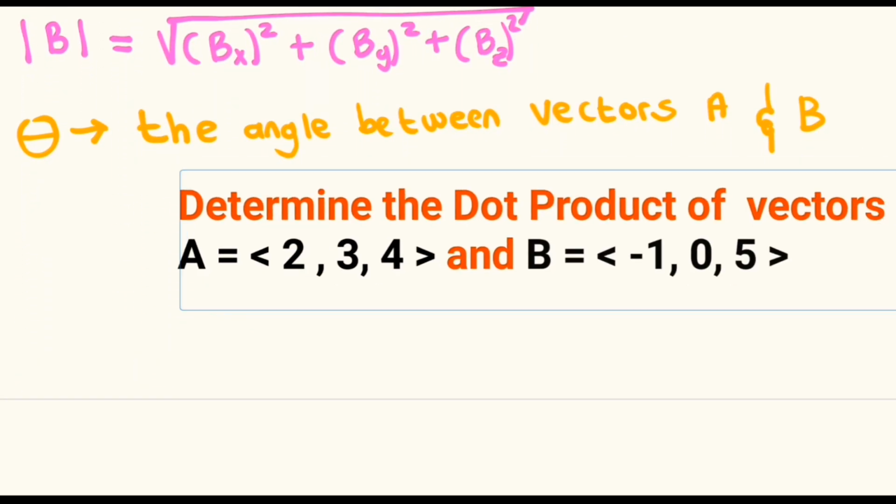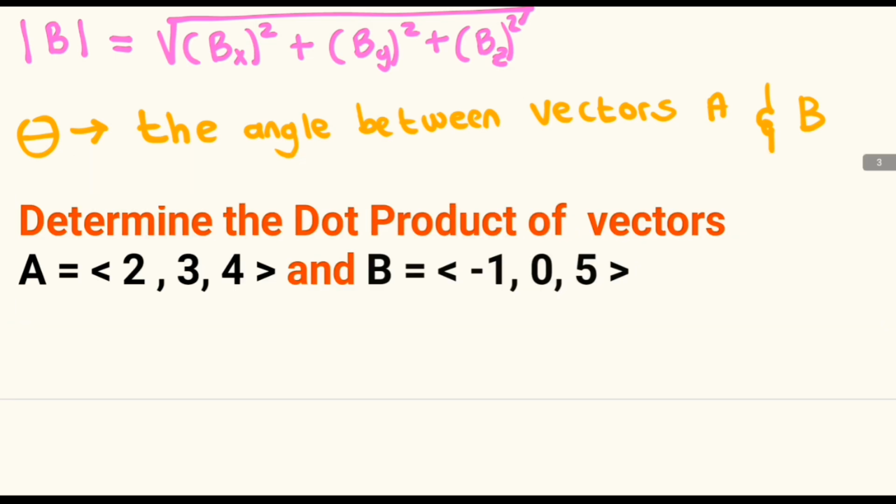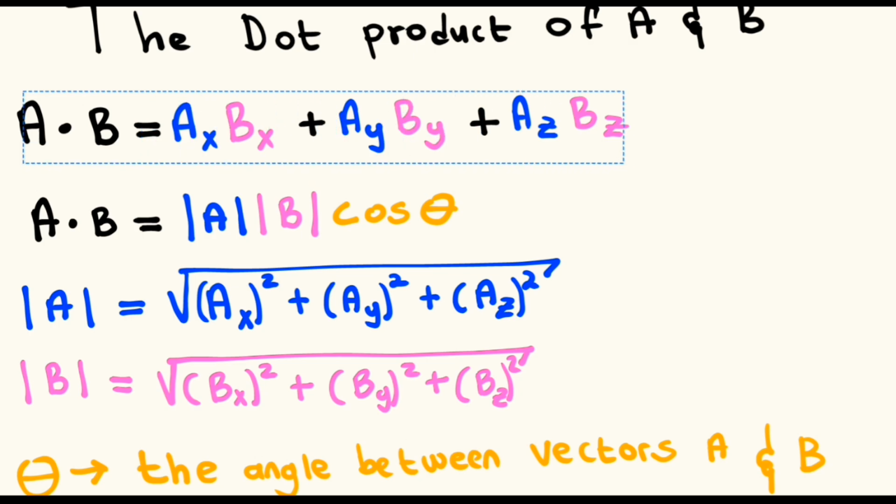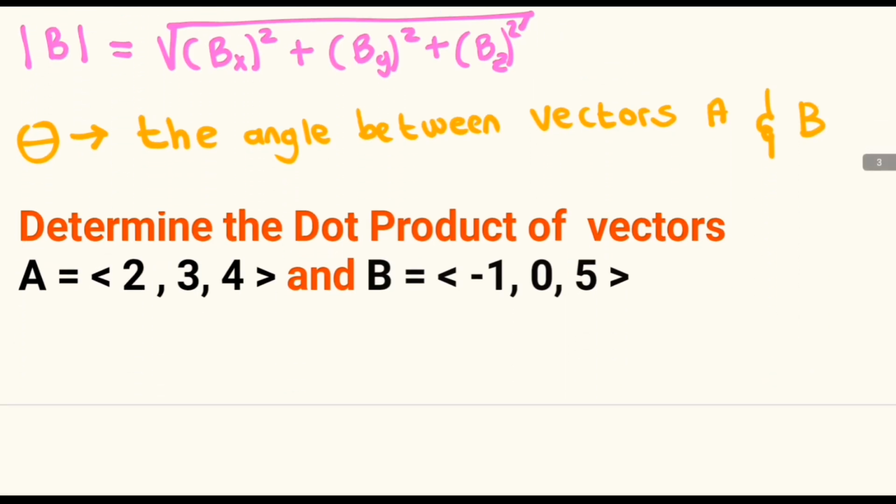The first question, we have to determine the dot product of vectors A and B. So let's copy and paste our formula for the dot product.